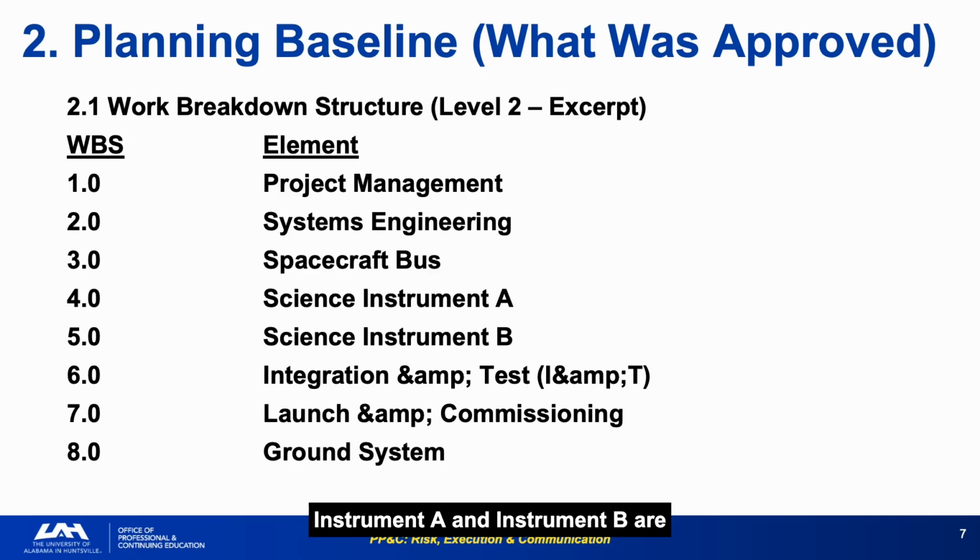Note that Instrument A and Instrument B are separate WBS elements, not consolidated under a single instrument line. That structure is what makes the Instrument A performance shortfall analytically visible as a distinct program problem.